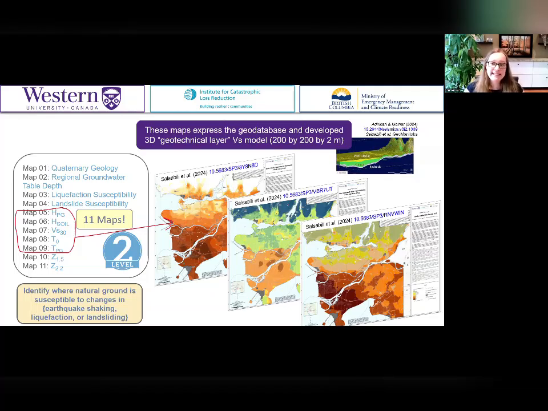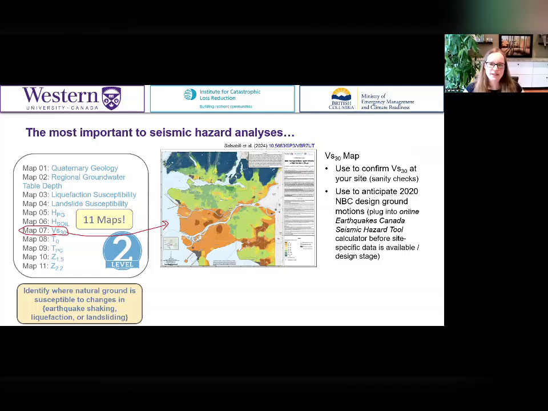So we have a detailed depiction of the subsurface ground conditions generated for the region at a relatively high resolution, every 200 meters and every 2 meters vertically with depth, from which we can make these maps. The most common term used in seismic hazard analysis is VS30. So if this project was going to create one map, it would have been a VS30 map.